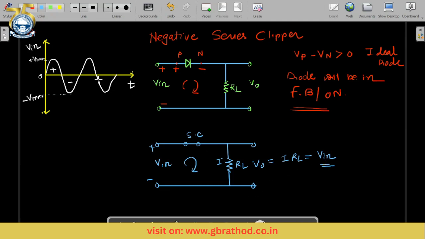Let me draw the output signal over here. This is the vertical voltage axis, and this is the time axis. This is V output, and for proper alignment I'm drawing these lines.